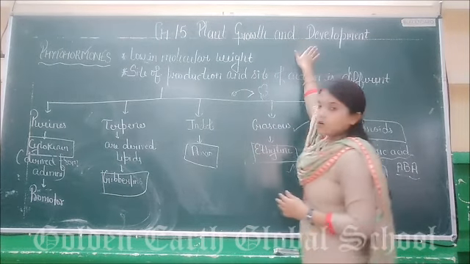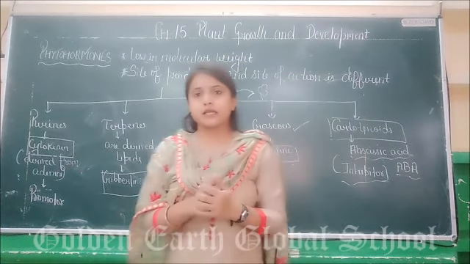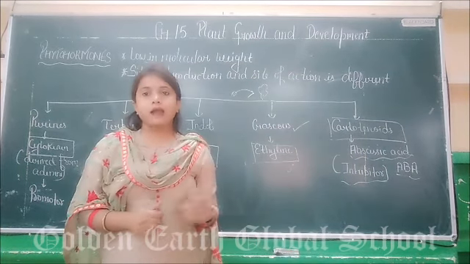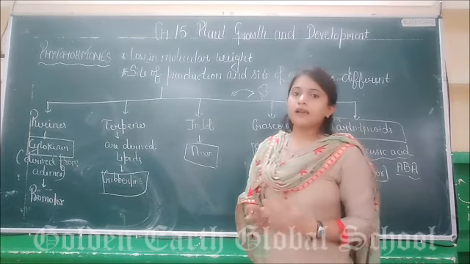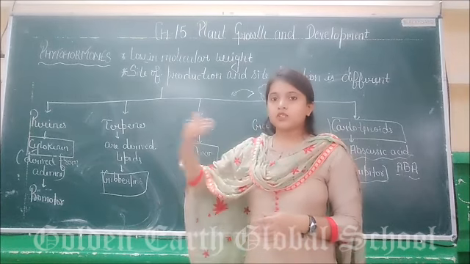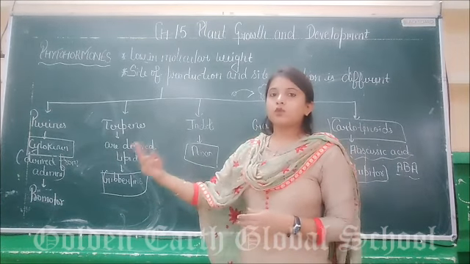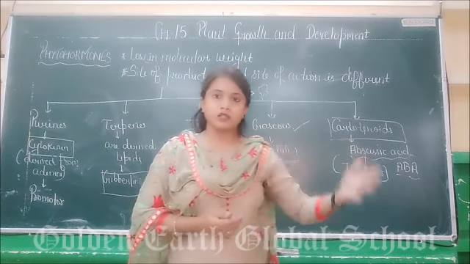If we are talking about development, it is a sum of two processes, that is growth and differentiation, right? We know that all organisms start their life from a single cell. From the single cell, they will divide and then have two cells, then 4 cells, then 8 cells, and the multiplication will go on.